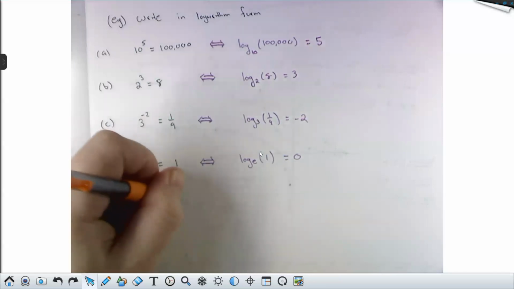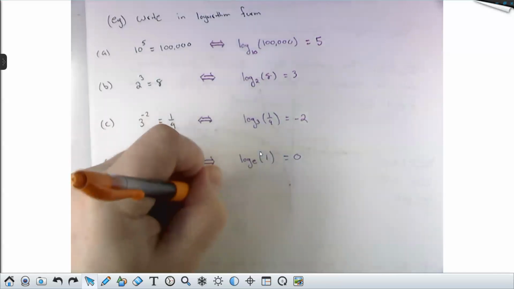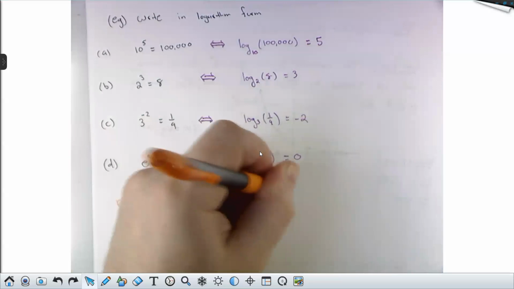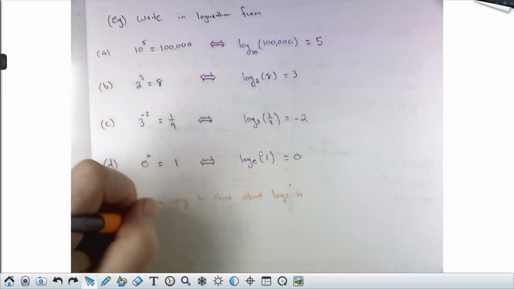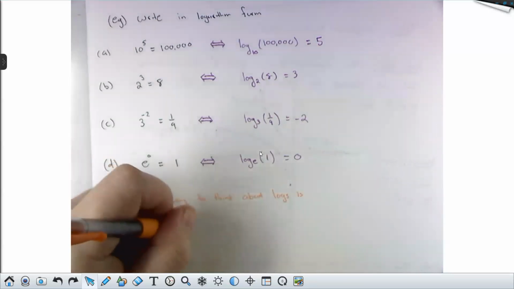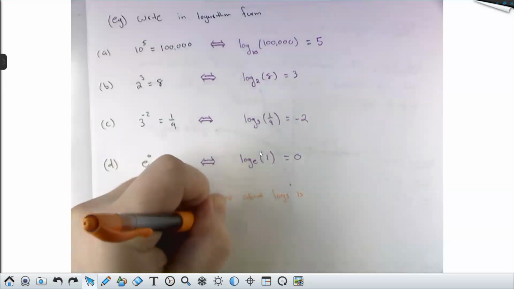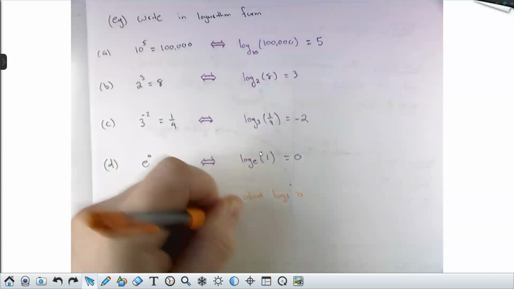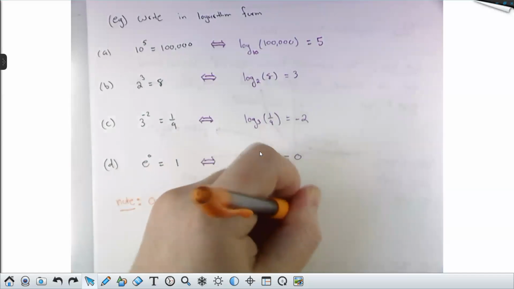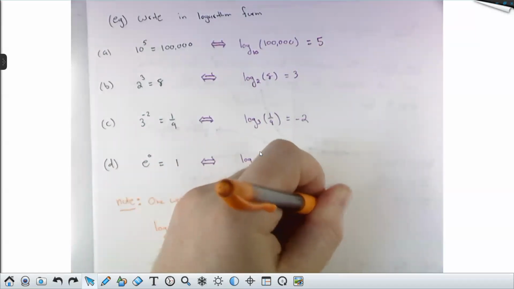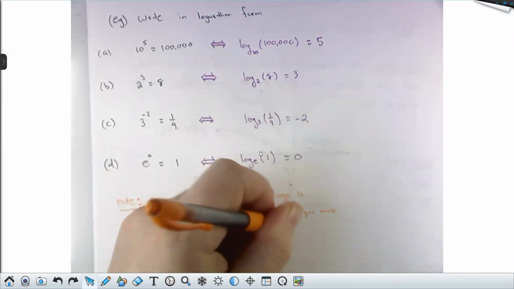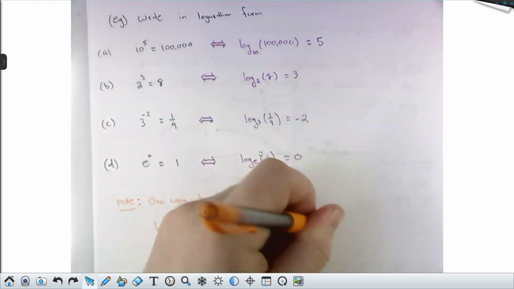One way to think about logs is to say that the base a log of some number x is the power to which you must raise the number a to get x out.